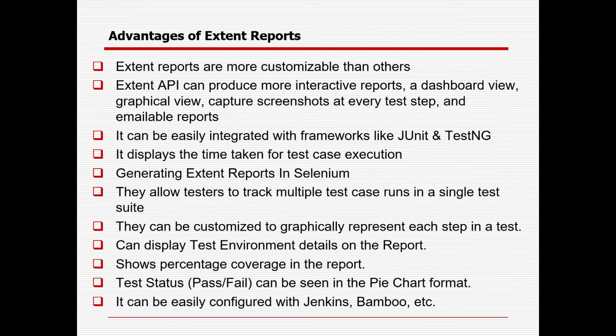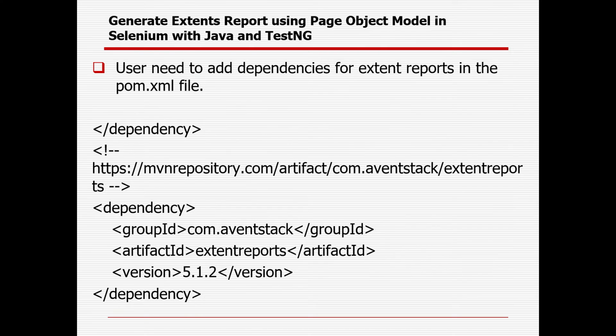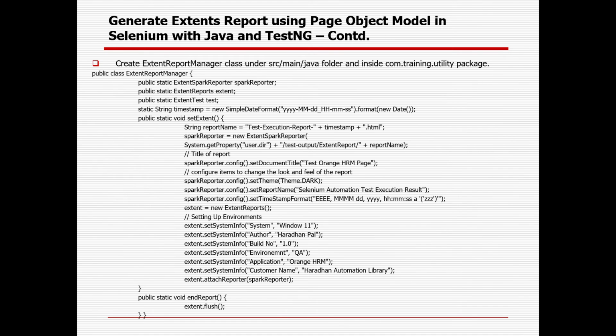First step, I added the dependency in the pom.xml file, which is nothing but the extent report dependency, coming from group ID com.aventstack. After that, I created an ExtentReportManager class where I create two methods, setExtent and endReport. In setExtent, we create the object from the ExtentSparkReporter. We set the complete path where the report will be generated and the report name.